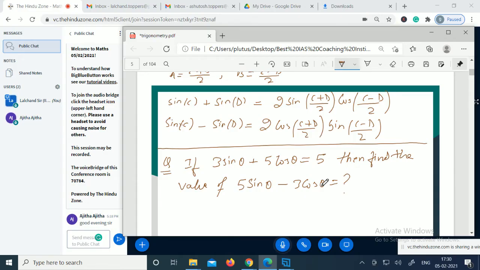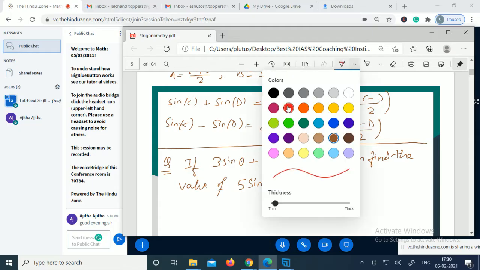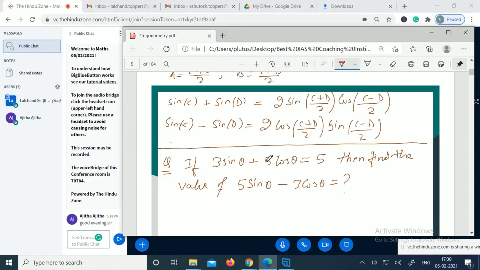If you look at the question, the coefficient with cos theta is 5 here, but now the 5 is with sin theta. The coefficients are interchanged compared to the first equation.